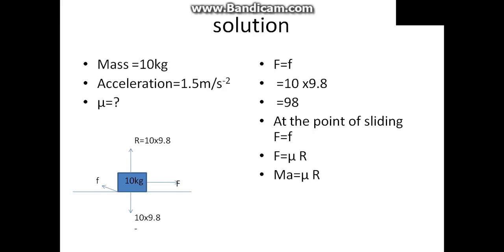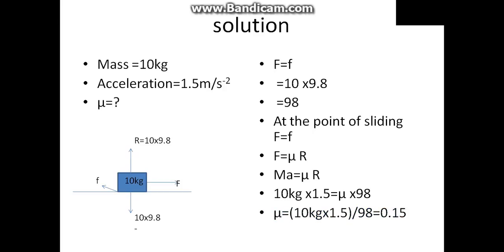But force is also mass times acceleration. Then we substitute the limiting frictional force with ma. We now have ma is equal to mu R. We have not changed anything. Then 10, the mass of the body, times the acceleration, which we have been given to be 1.5, is equal to mu, which we are looking for, times the 98, which is the reaction we have already gotten.